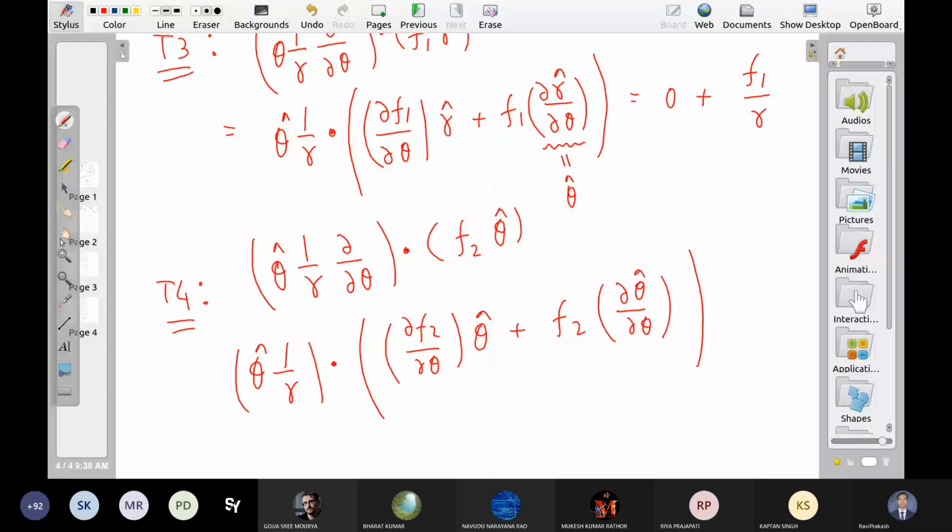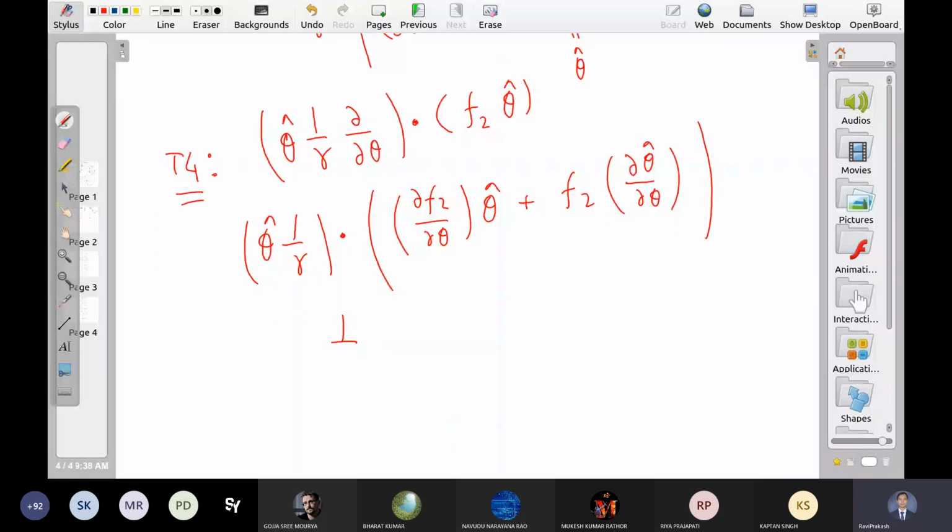First term is, second term is minus r cap, and theta cap dot r cap is 0.